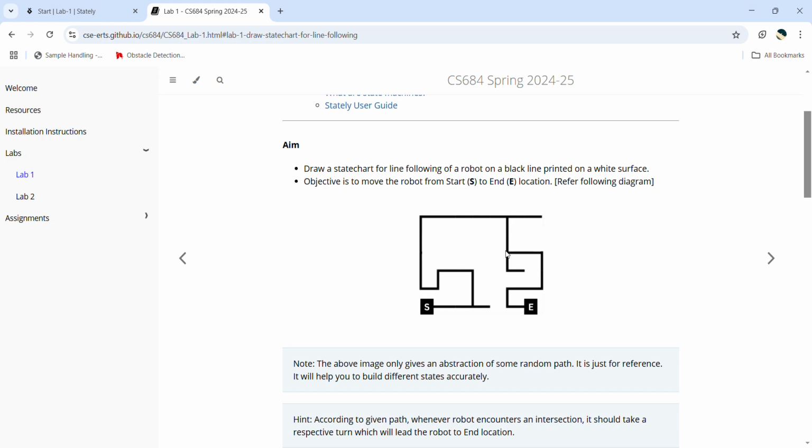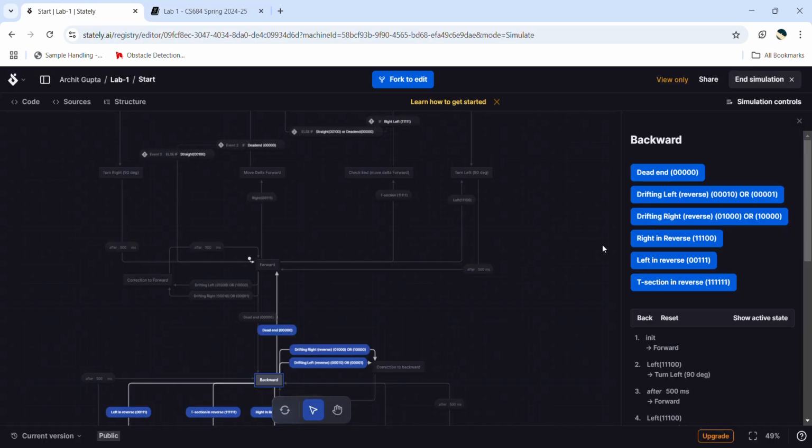Again, we have a left section. Since we are prioritizing left moves, we take the left moves first before exploring any other directions.